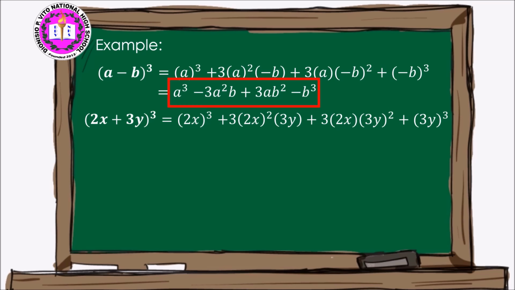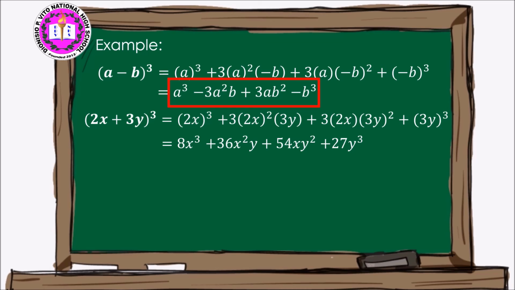So we have 3 times 2x times 3y squared, plus the cube of the second term, which is positive 3y cube. 2x cube is equal to positive 8x cube.